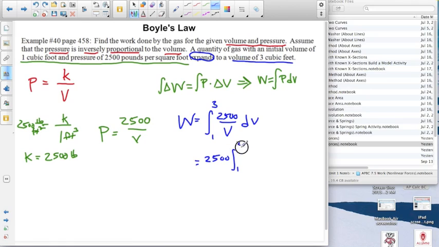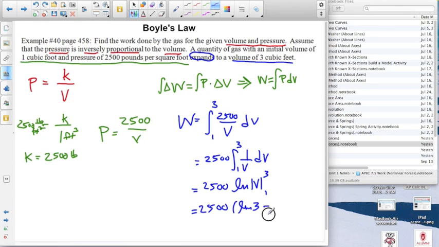So we're really looking at 1 over V dV, and that ends up being the natural log of the absolute value of V from 1 to 3. And so we are looking at 2,500 times the natural log of 3 minus the natural log of 1. And putting that into your calculator gets you a work of 2746.53 foot-pounds.